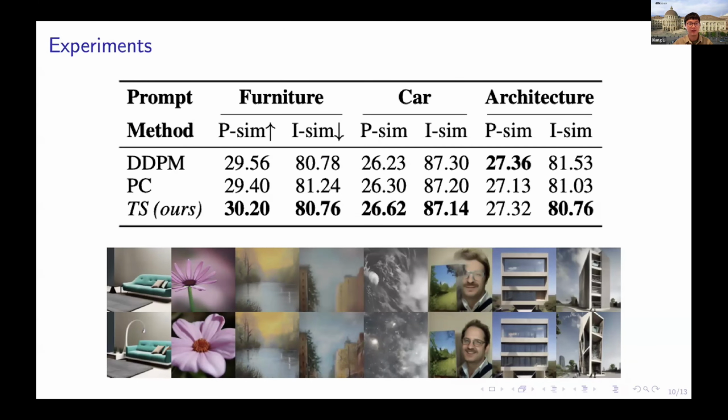And then for the ISIM score, which is the pairwise image CLIP score, a lower score means it is more diverse. And we can see that for the image quality, it is not always the case that our framework gets better performance.